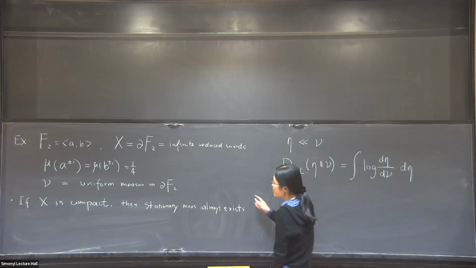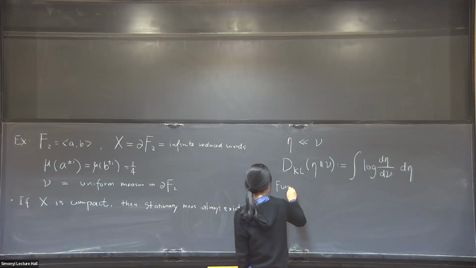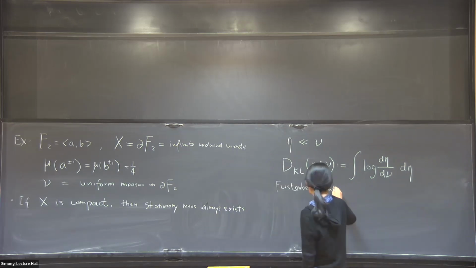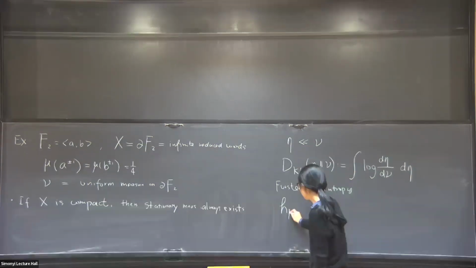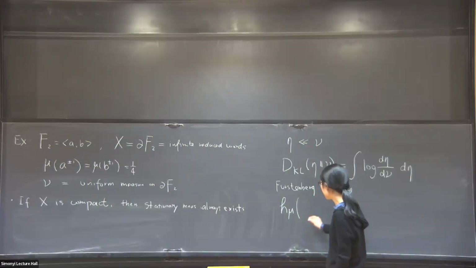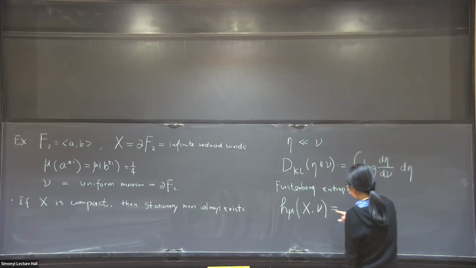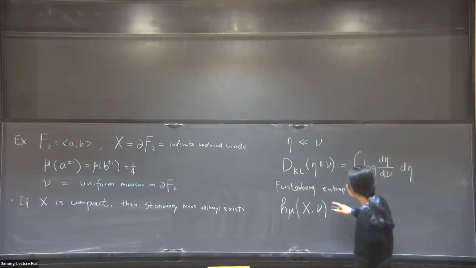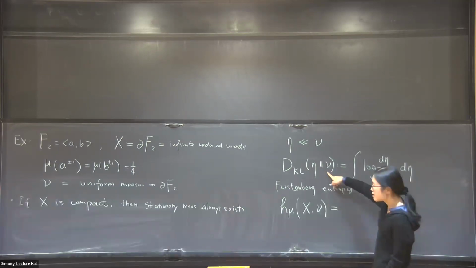And then with the stationary measure, you can define the Furstenberg entropy. Here is the notation, h for entropy, of X, nu. For this, you can first think with respect to the random walk: if you take one step and move the measure, what is the divergence?